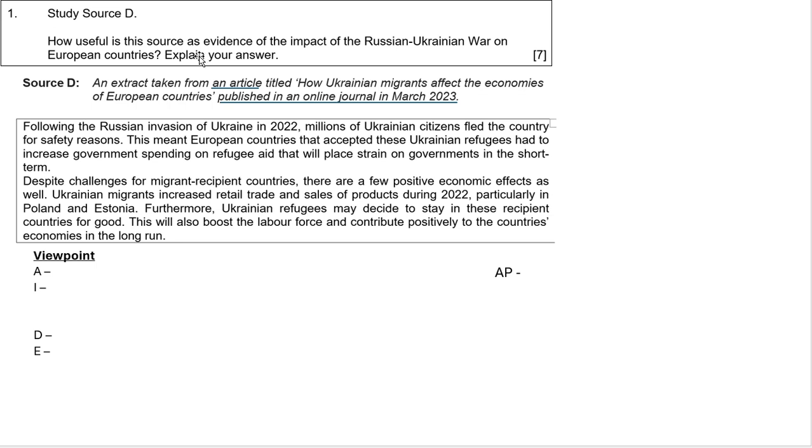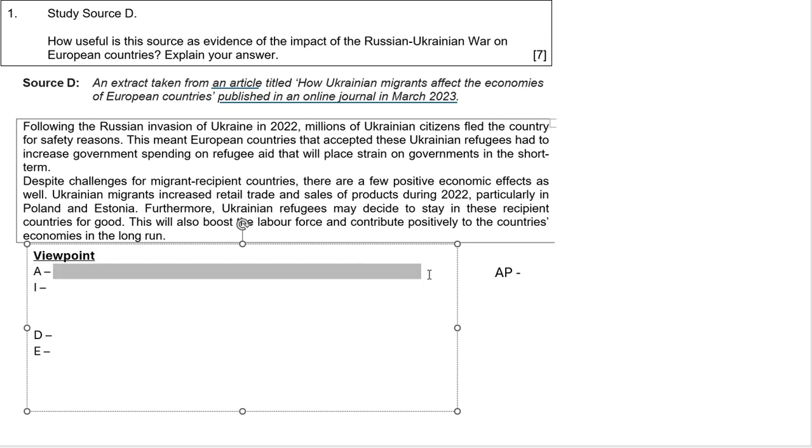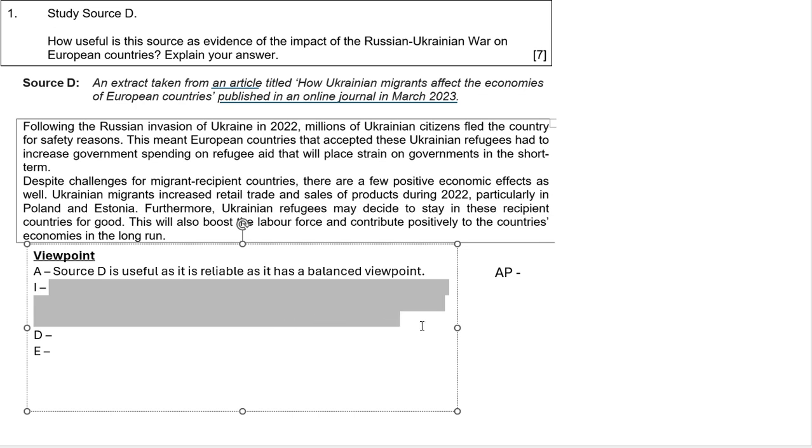It presents a balanced viewpoint on the impact of the war on European countries. Okay, so my assertion would be, it is useful as it's reliable as it has a balanced viewpoint. So let's make my inference. So remember, a balanced viewpoint contains both sides, advantages, disadvantages, or positive effects and negative effects, for example.